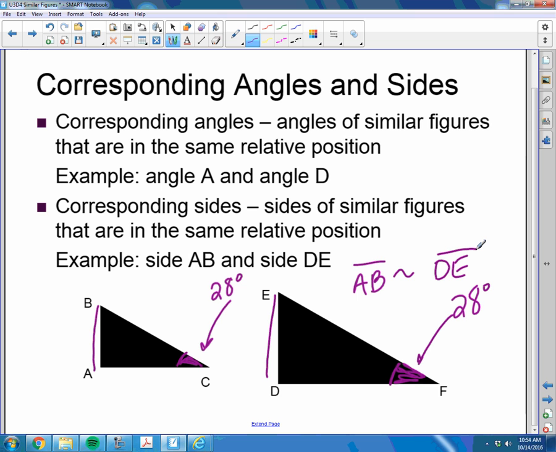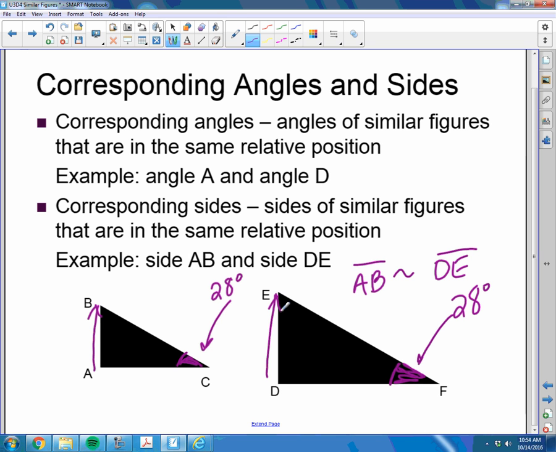I would not say ED. I would not reverse the order. If I'm going from the A to the B, then I go from the D to the E. Can you go from like the B to the A and then the A to the B? Absolutely, you can.